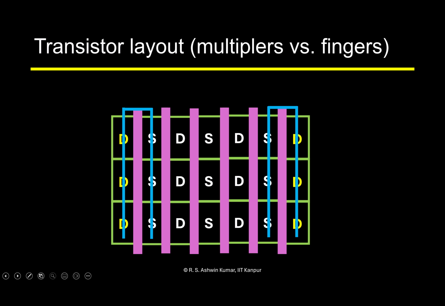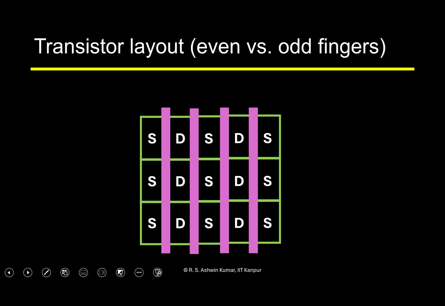And in practice, there is also a consideration, let me show it this way. To get 12 fingers, what I used was 4 fingers and 3 multipliers. But what could I also have done? I could have done 3 fingers and 4 multipliers. 4 times 3 is the same as 3 times 4.